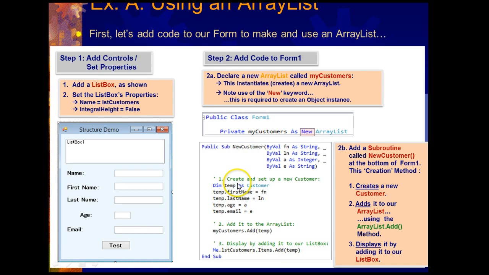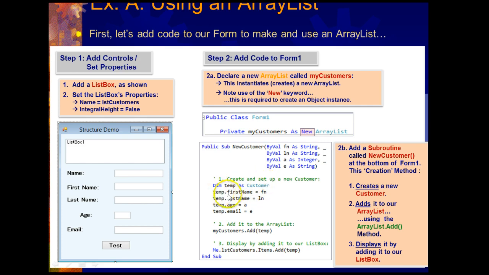Now inside, we're starting to write the code for this method. What's the first thing we do? We create a new customer. Customer already exists as a structure, so we can use it, and we're declaring a new customer here called temp. Then we assign values to the different fields in customer.